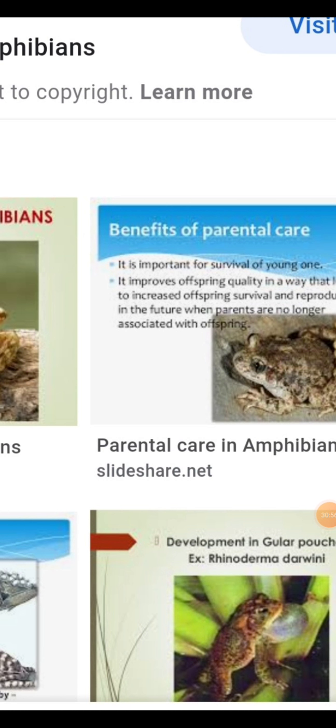These are the two types: protection and sustaining their eggs and embryos. It is important for the survival of the young one, and not only for the young one, but for all. Sustainability is very important. So this is the parental care in amphibians. Thank you.